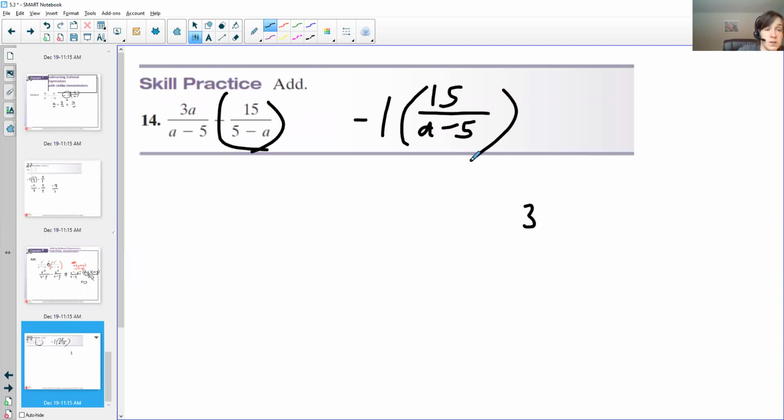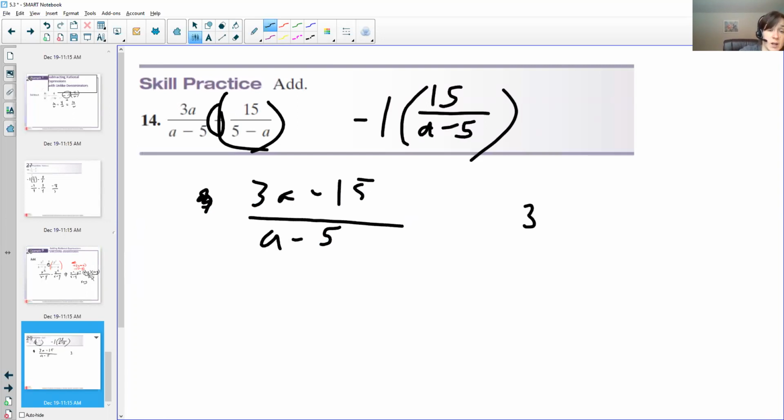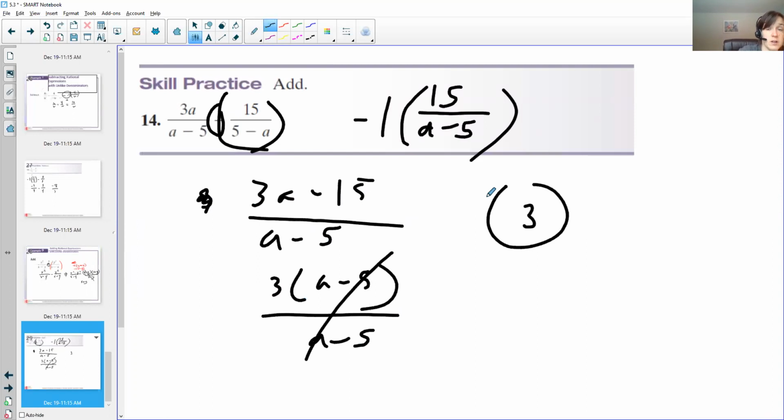So this was a plus. It now becomes a minus. So it becomes 3a minus 15 over a minus 5. We'll factor a 3 out of the top. 3 times a minus 5 over a minus 5. There it is. My answer is 3.